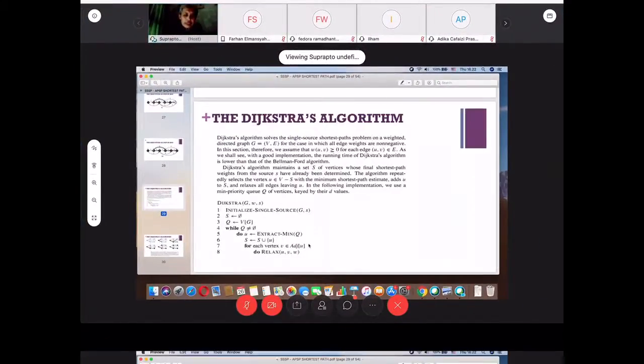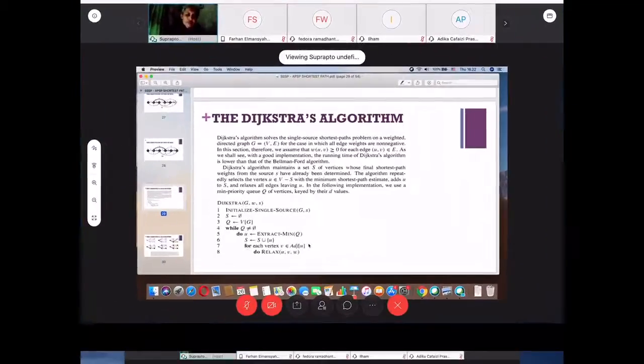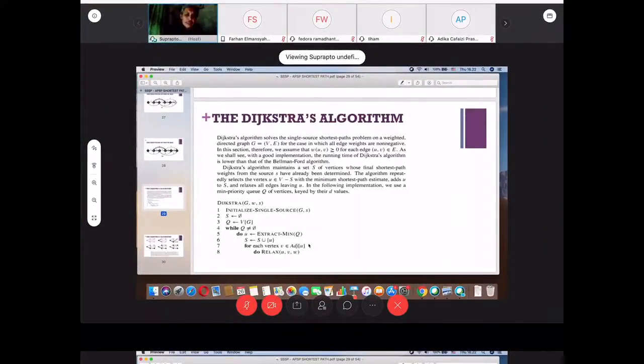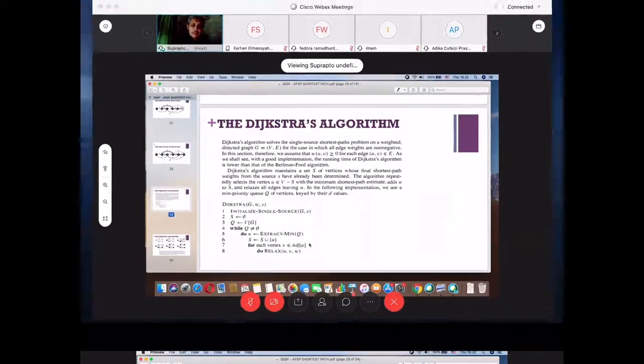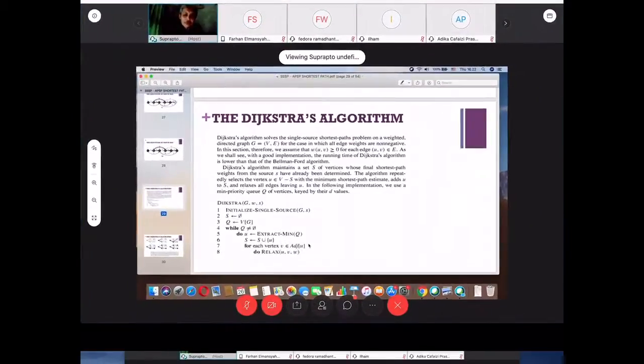In line 3, you see that there is a Q in it. Right? There is a Q. And there is a set S. And first, the algorithm calls the initialize single source procedure, to initialize especially two attributes of each vertex in the graph, which are the d attribute, the shortest path estimate, and the second is the predecessor of vertices.